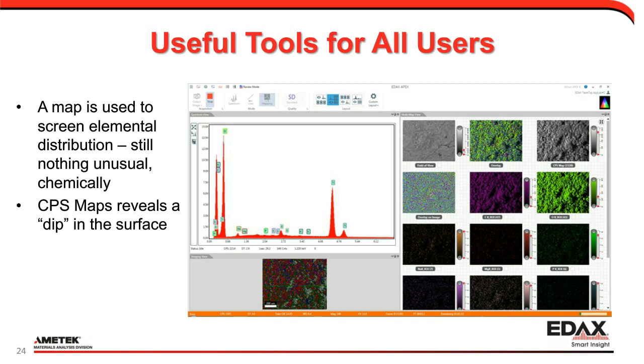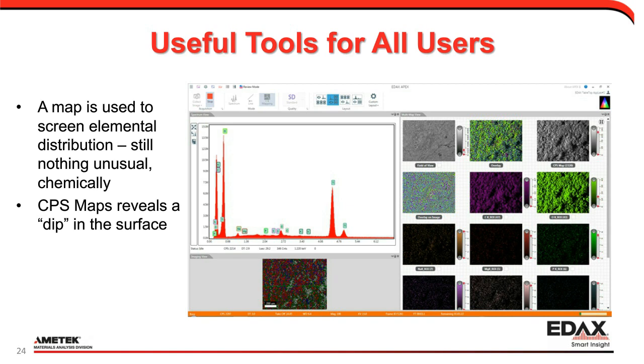But now in our CPS map, we actually see that we have a recessed area, a divot or an opening in the top of the material. And in fact, there even is a crack that we see here, and that is highlighted by our CPS maps. So the CPS map is a useful tool that reveals changes in topography that might impact your analysis. It might be a visual defect, or it might change the appearance of the chemistry, because of course it looks like we have a loss of oxygen and carbon in that area as well.